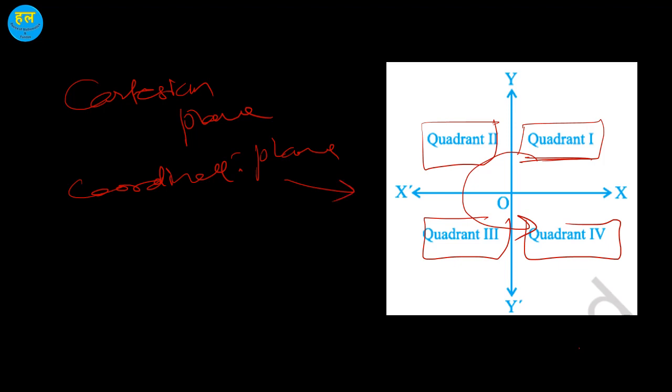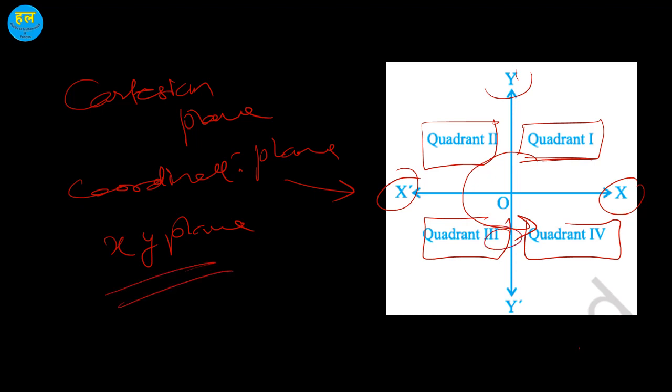Therefore it is called the coordinate plane, the Cartesian plane or the xy plane, because what we have denoted here is x and x bar, y and y bar. That is why it is called the xy plane, and the axes are called coordinate axes.